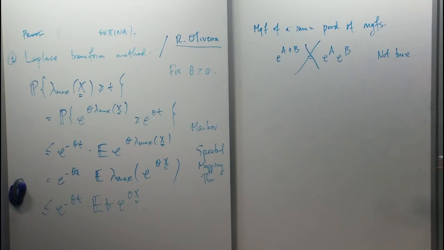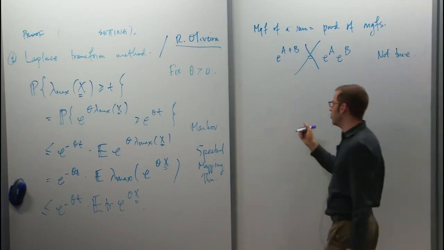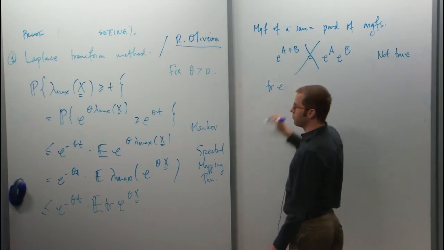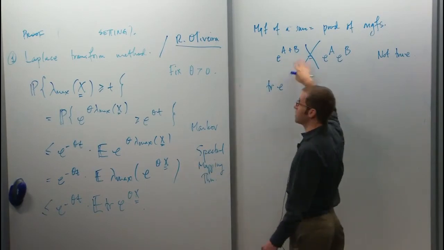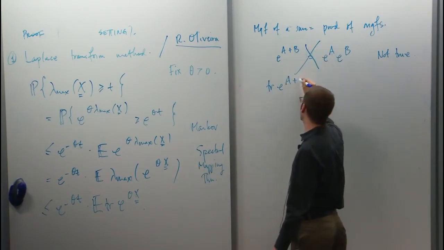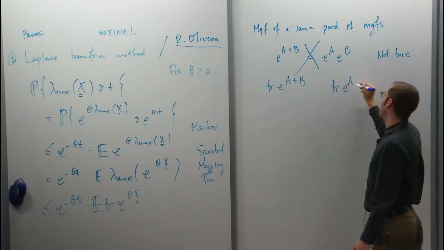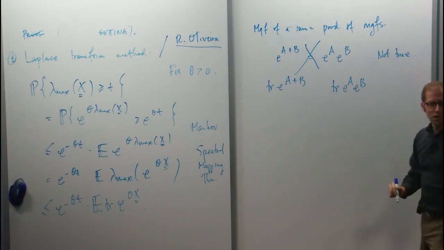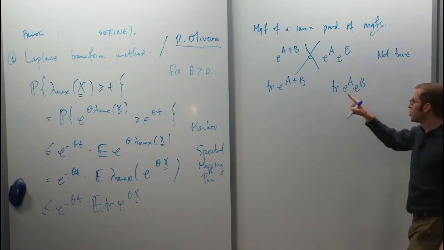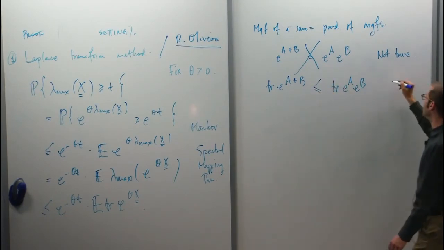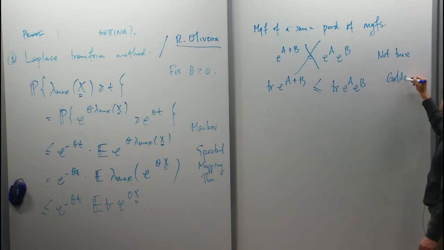All right. Now, it turns out that there's a limited substitute. If you stick a trace in front, we've got a trace here, right? So it's not like we really need the raw exponentials here. How does the trace of e to the A plus B compare with the trace of e to the A times e to the B? It turns out that the first is always smaller than the second. And this is a result from statistical physics called the Golden-Thompson inequality, which dates back to around 1965.